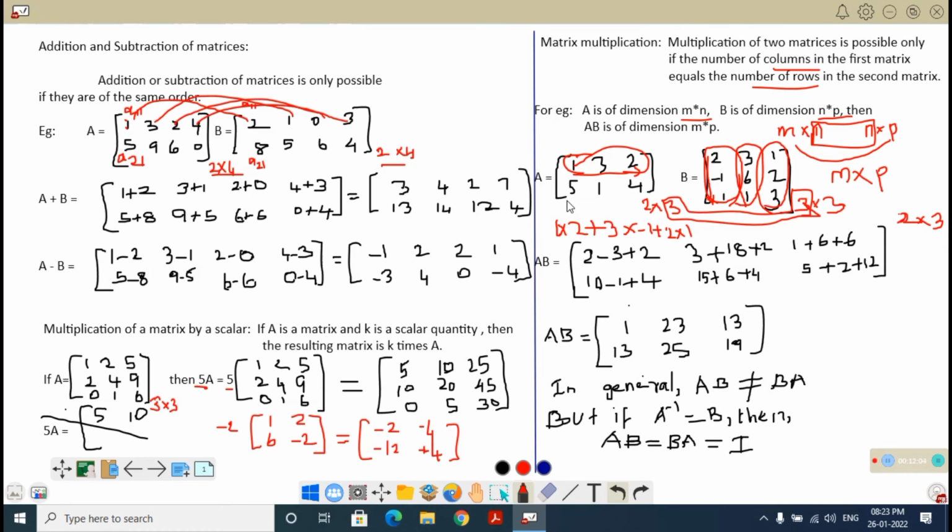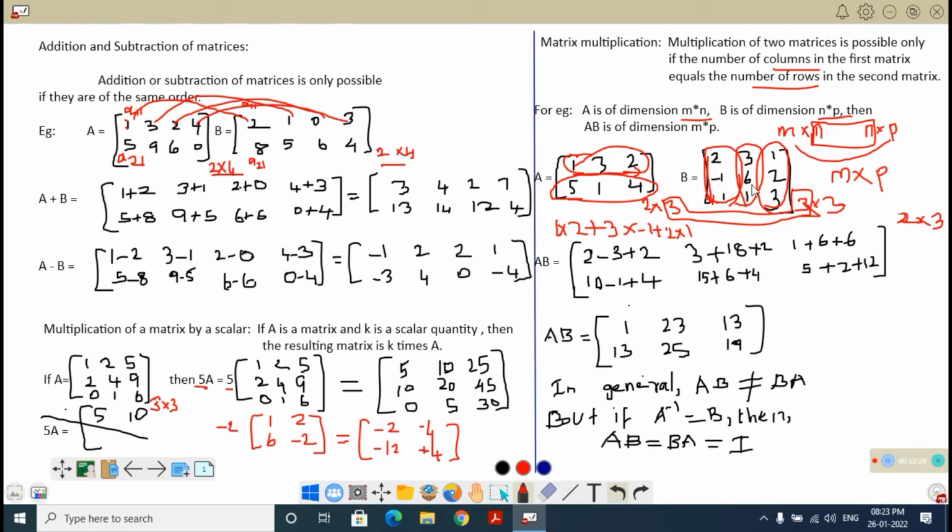Similarly, now you are coming to the second row. The same method is followed. Second row first column: 5 times 2 is 10, 1 times -1 is -1, 4 times 4. Again, second row second column: 5 times 3 is 15, 1 times 6 is 6, 4 times 1 is 4.